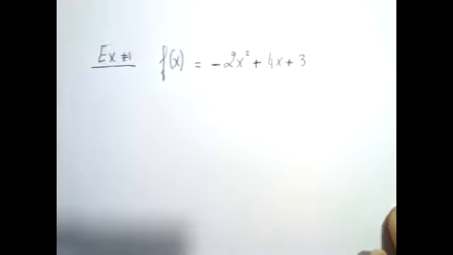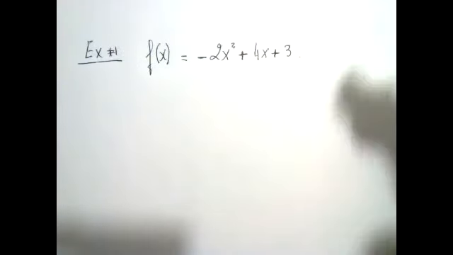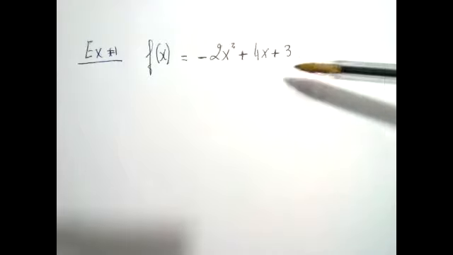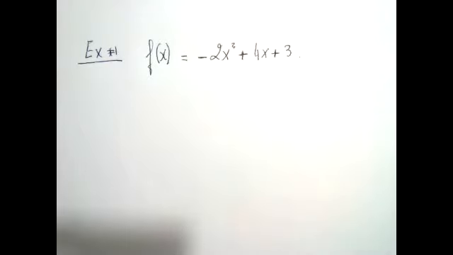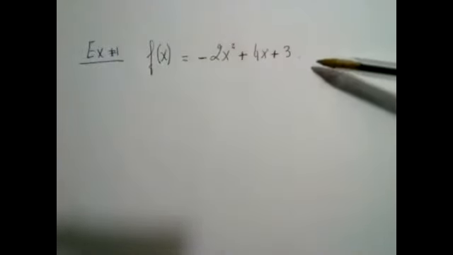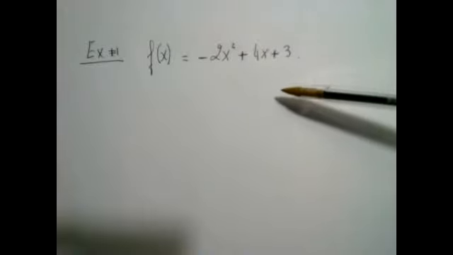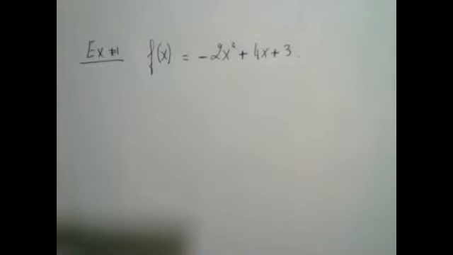The question is, how am I going to factor this? If I want to factor, usually I stare at it a little bit and ask myself, can I factor this expression?